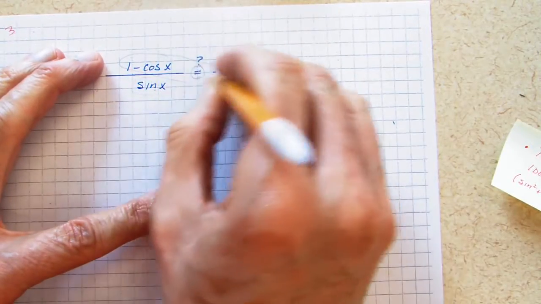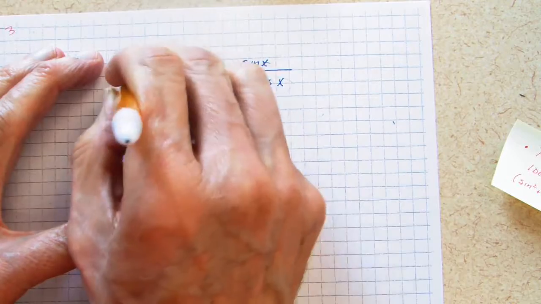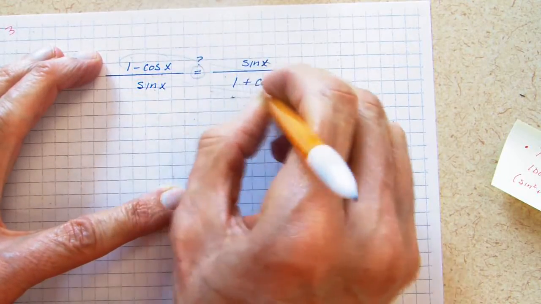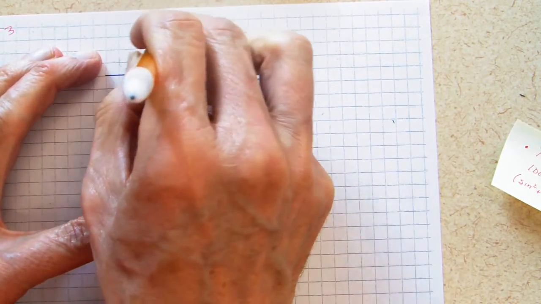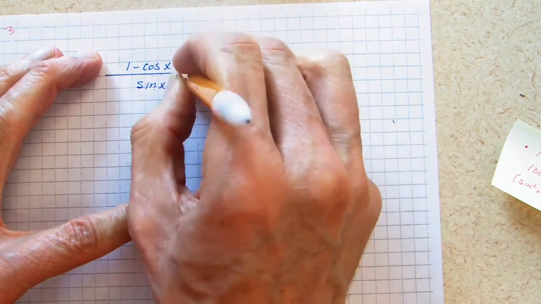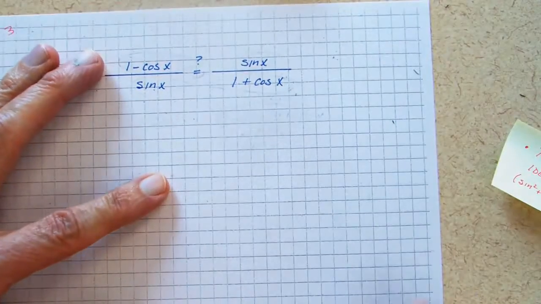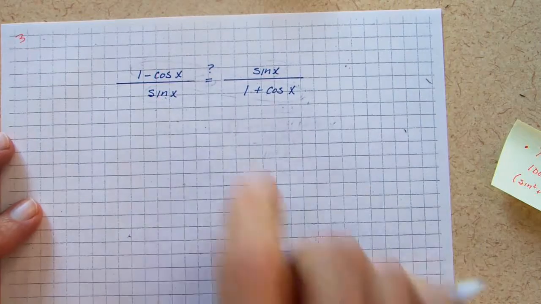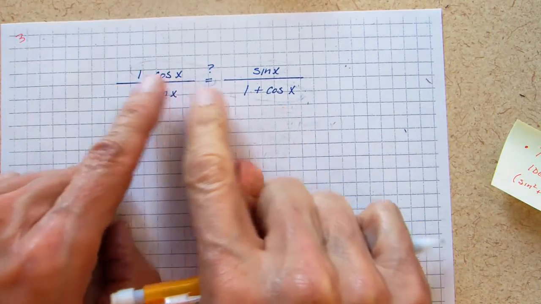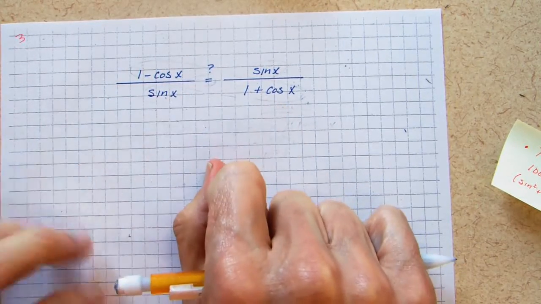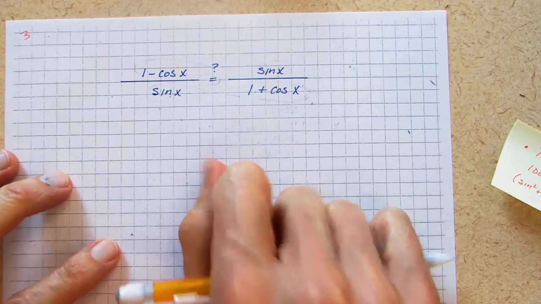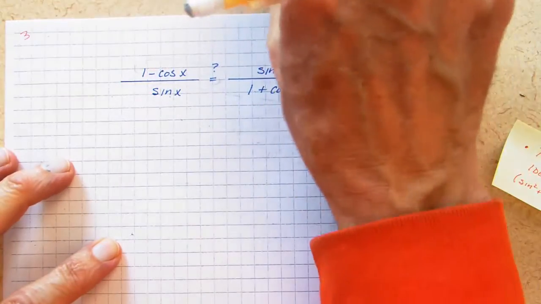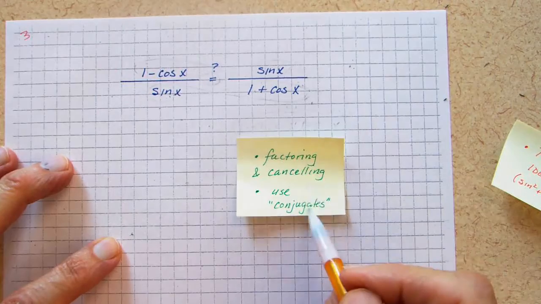So I'm going to go back to square one and clean this up a little bit. And ask ourselves, what could I do that would keep me from moving something from one side over to the other? Well, here's an idea, and this is what I meant by the idea of conjugates.